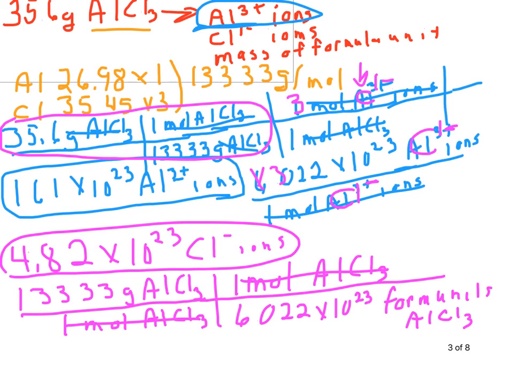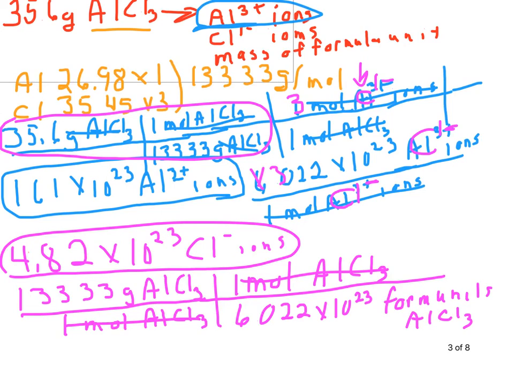And then we just do a little division. We take 133.33 and divide it by 6.022 times 10 to the 23rd.